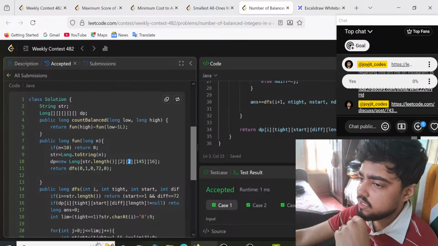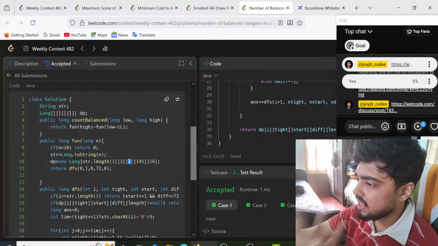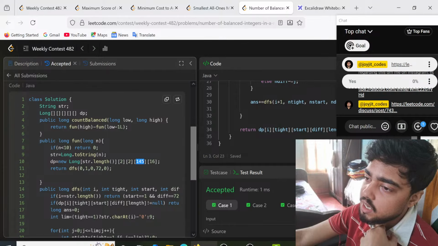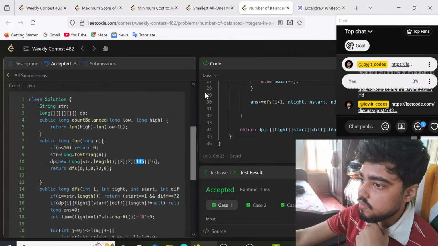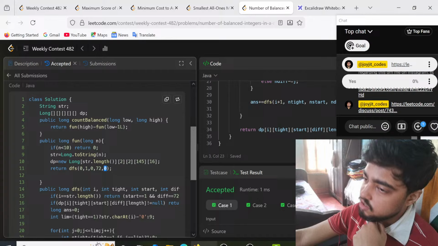No, it hasn't started, so there are leading zeros, because there is nothing yet. Initially the difference is 0, but since we add 72 to everything, it becomes 0 plus 72, which is 72. So we start with 72, and the difference is also 0.